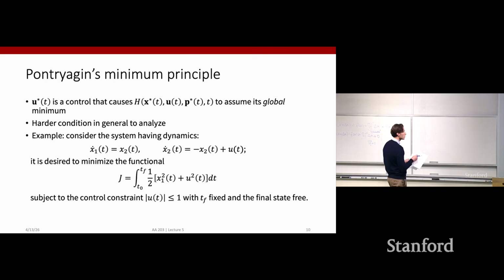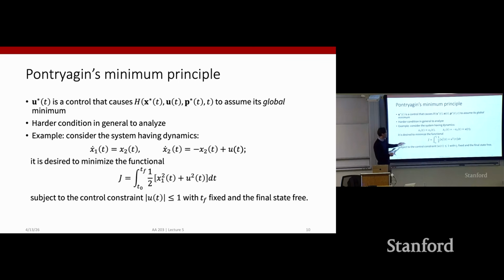Specifically, we're looking at the following system, which is a second-order system with linear dynamics, and where we want to optimize a quadratic cost functional.